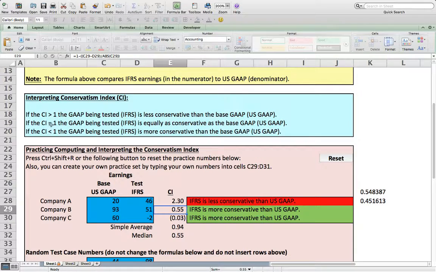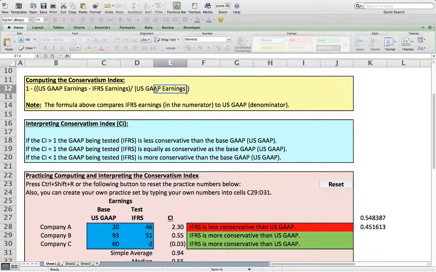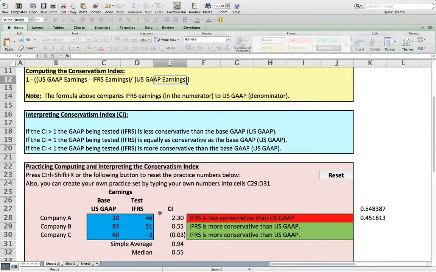Since it's less than 1, that means that IFRS is more conservative than US GAAP, just as our calculation goes. Make sure that if it's a negative US GAAP number, you take the absolute value. This example didn't produce that.